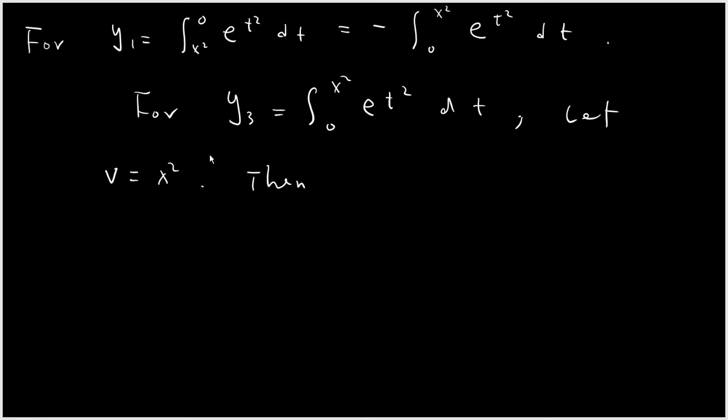And then y3 as a function of u is defined as, so now let's say from 0 to u, e to the power of t squared, and then dt, right? And also v as a function of x is x squared.